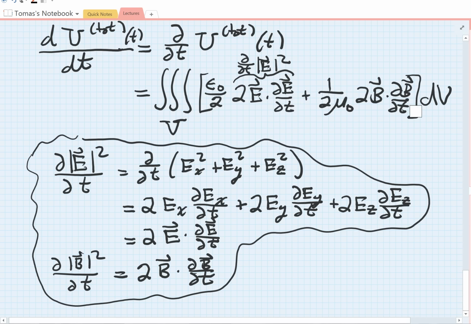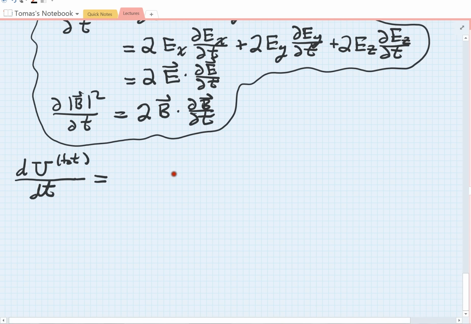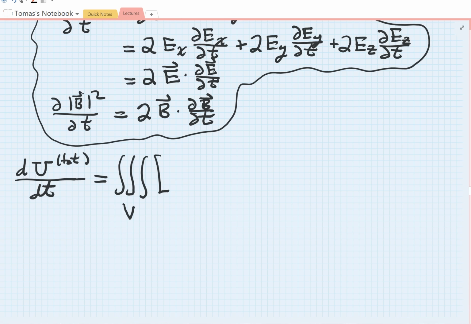Now, from this, I think we can begin to simplify and reduce things a little bit. Our factors of 2 here cancel nicely, as do our factors of 2 here. So let's rewrite this a bit so we can continue manipulating our equations to see what our field theory is going to tell us. So the time derivative of the total energy that we are hoping will give us minus our power coming back out is now an integral over the whole volume V of a sum of two different terms, and we hope now to be able to manipulate these terms a little bit.